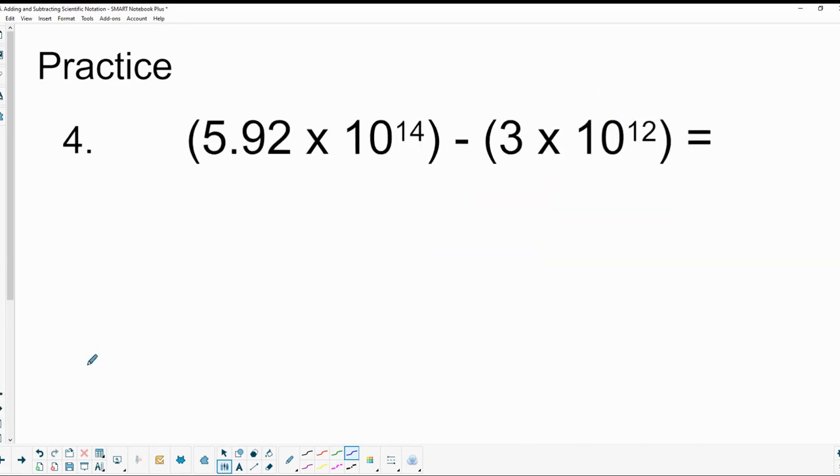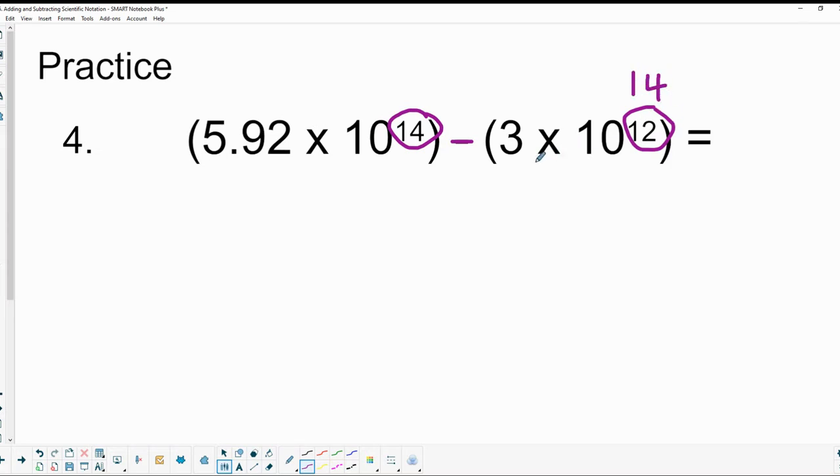So for our next one, when we look at the exponents, we notice that we've got a 14 on the first one, a 12 on the second one, and we're doing subtraction. So we need to get those exponents the same, which means we want to get the smaller exponent to be a 14.